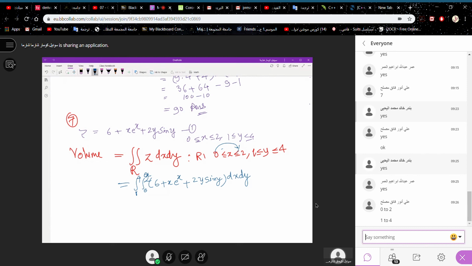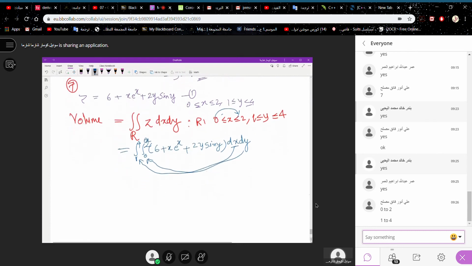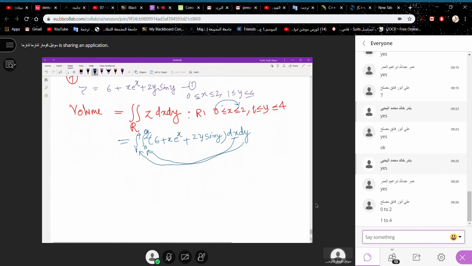Now we will integrate first. This is the limit for x and this is the limit for y. Now we will integrate it, 1 to 4. The integration with respect to x, how much for this?